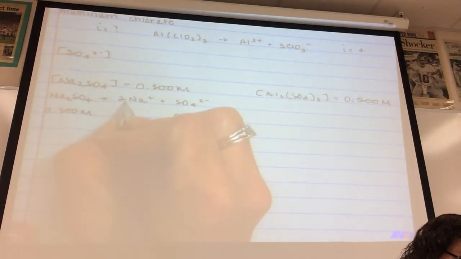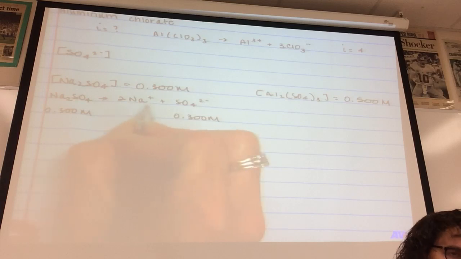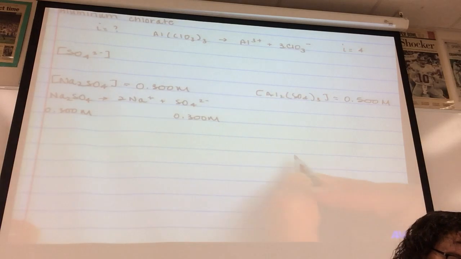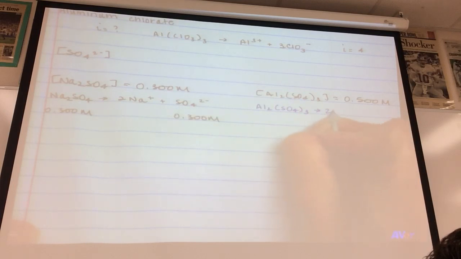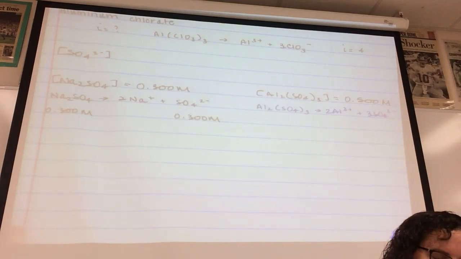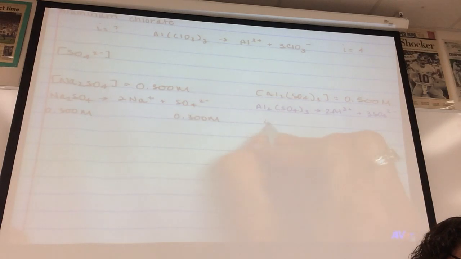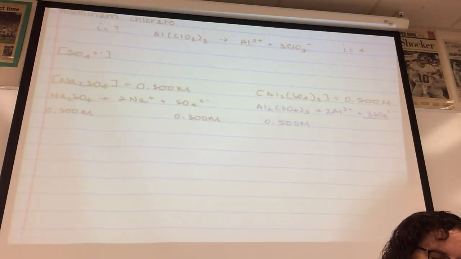No, because what would this concentration be, sodium ion, if asked for it? 0.6, because it's 1-to-2. Okay. So if you have aluminum sulfate, you have 2 aluminum, and if this is 0.500 molar, we're only interested in this one, what would that be?